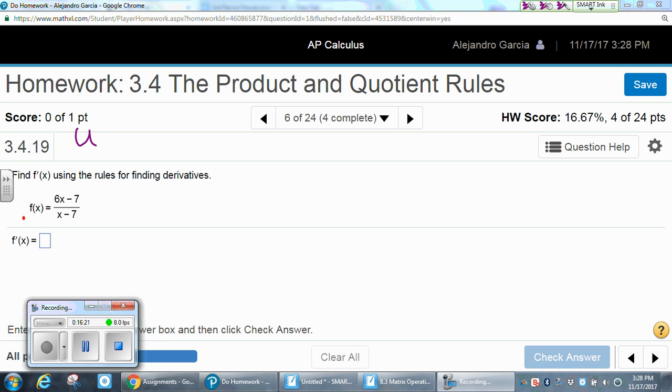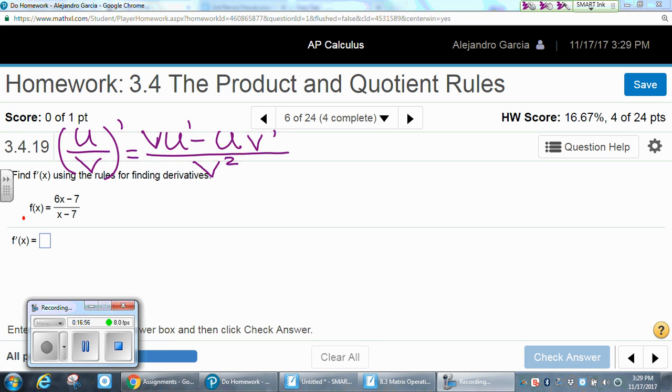If we have a function such as u divided by v, the derivative of that is going to be v u prime minus u v prime, divided by the denominator v to the power 2. Not the derivative, just the function.